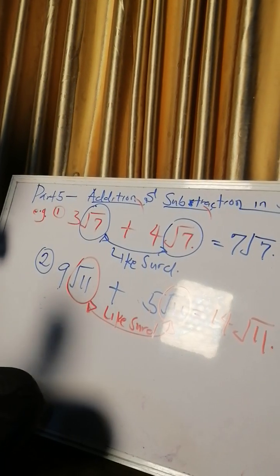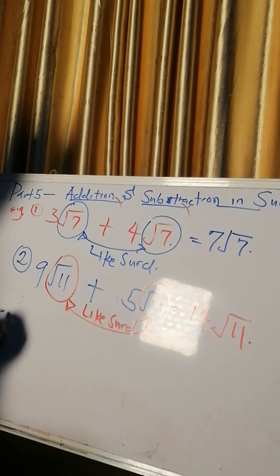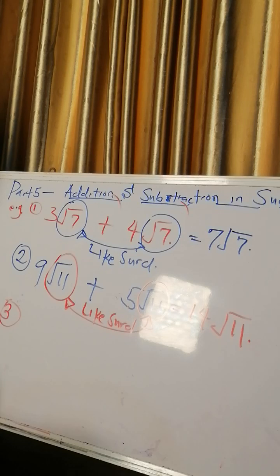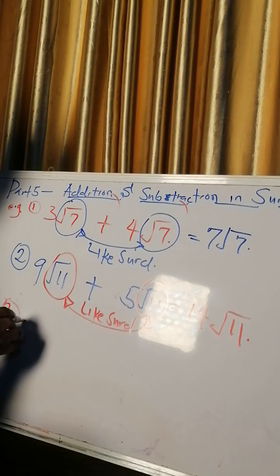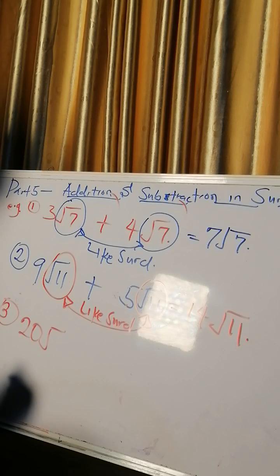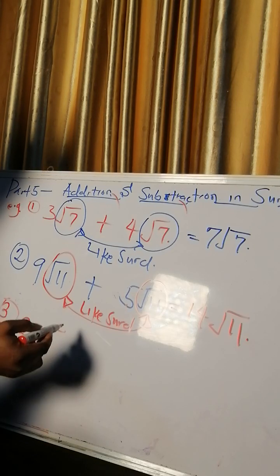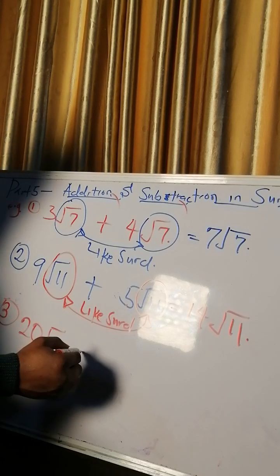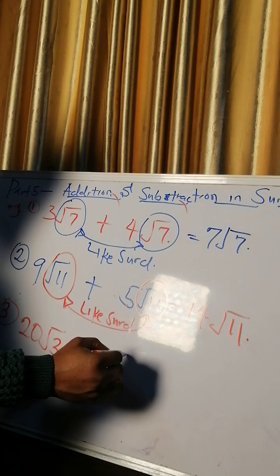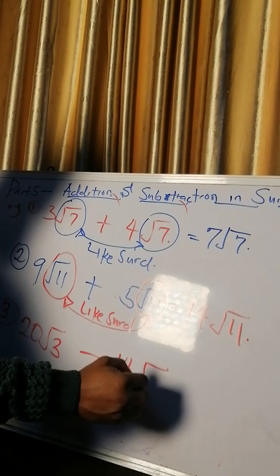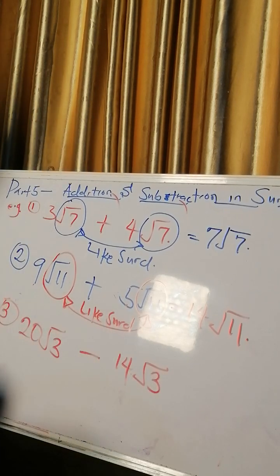The same thing applies when you have subtraction. If you look at this one very well, let's say number 3, we're dealing with subtraction. Let me say 20 root 3, and then minus 14 root 3.